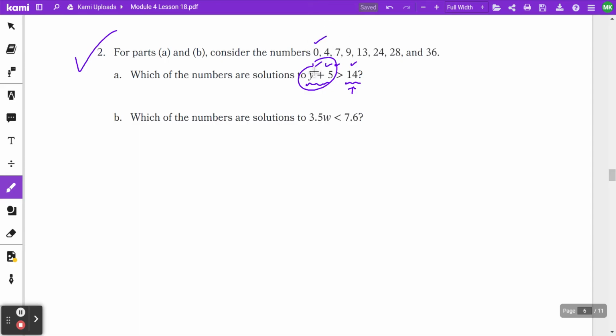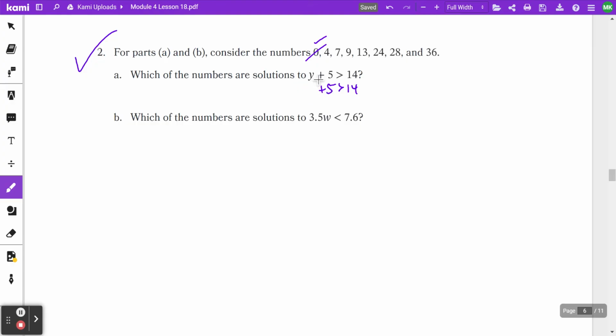If I substitute a 0, that would be 0 plus 5 is greater than 14. 0 plus 5 equals 5. Now, is this true? Is 5 greater than 14? The answer is no. So 0 doesn't work.